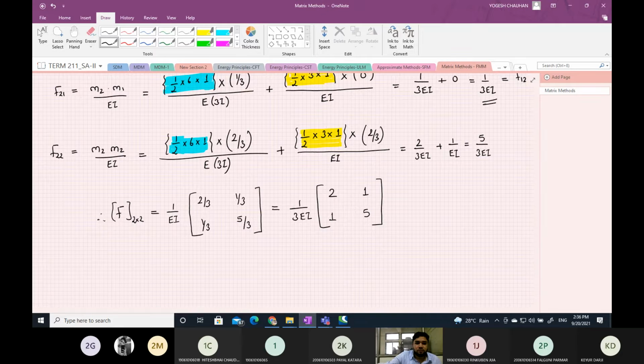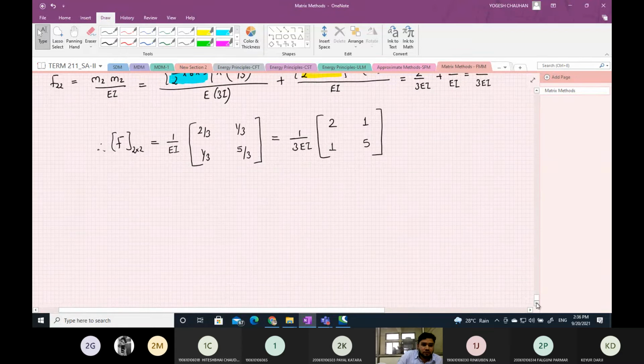Now you have to take the F inverse. Either you can use a calculator to find the F inverse, or we know that F inverse is equal to, you can use the calculator to get that, so it will be 3 EI by 9.